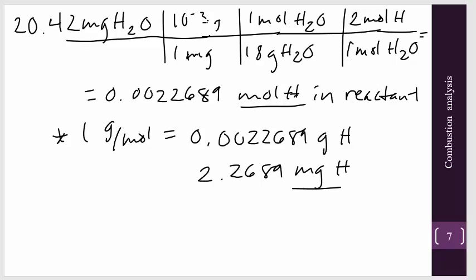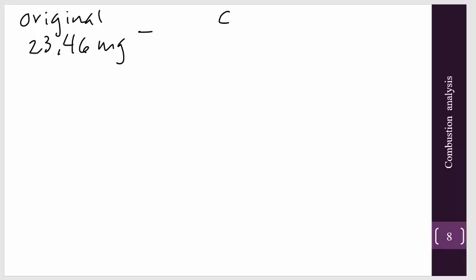So what we have now is we need to determine something about the oxygen present. So we have our original, the reactant, and all we know about it is its mass, 23.46 milligrams. What we do know about it is how much carbon was in that original sample. It was this in milligrams, 736 milligrams.